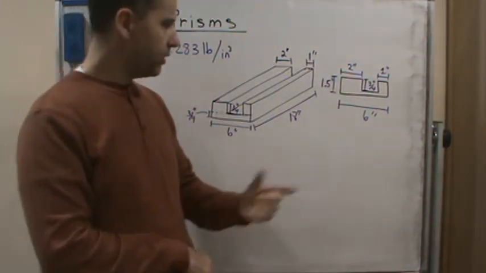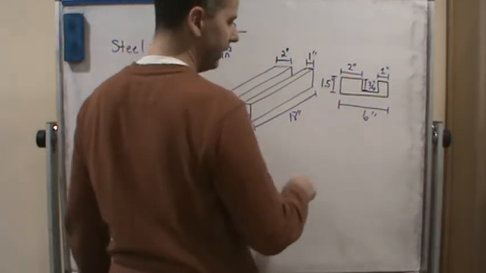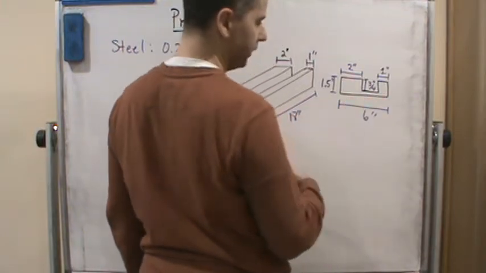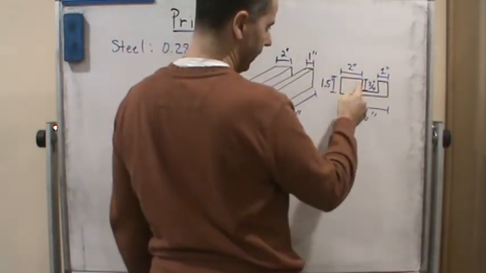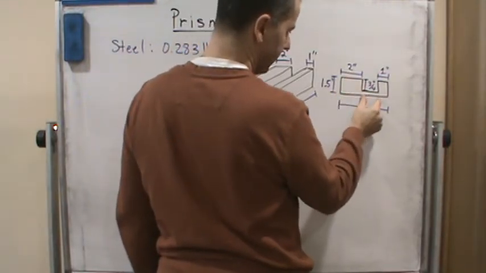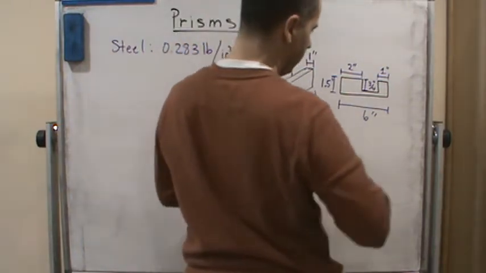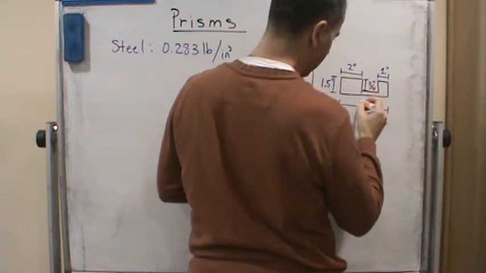Okay, so we just have to find the area of this face. And so again, we can either chop this up into 3 little rectangles and add up the area. So we could chop it up into 3 pieces.